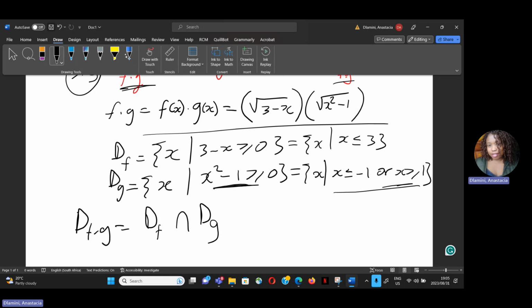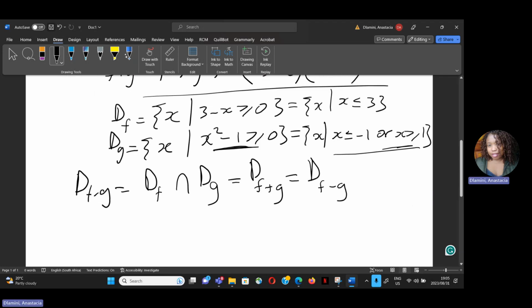This sign means intersection. If you have watched the previous videos, you will notice that this is the same as the domain of f plus g, which is also equal to the domain of f minus g.